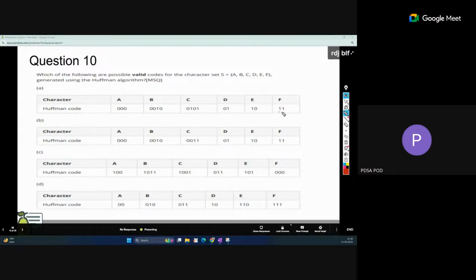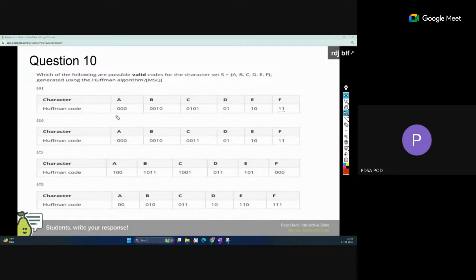Like 1 1 is not coming first. But you can see 0 1 is coming as a prefix in this, so this is an invalid code. Same with 0 0, 0 1, 0 1 1. 1 1 is not coming at any place, 1 0 no, 0 1 also not, and this is also not coming, so this is a valid one.